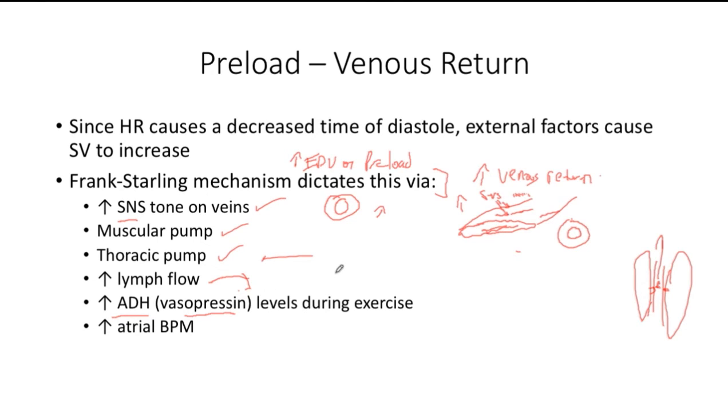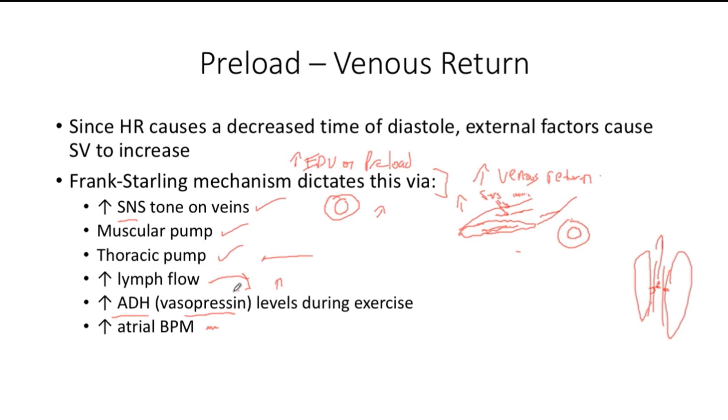Because when we exercise, we sweat, we lose fluids, and remember, blood pressure is volume dependent. The more we sweat, the more water volume we lose, the more blood pressure will drop. So this hormone stimulates the kidneys to retain water, keeping our volume levels up. More volume equals more return. All right. And then if the atria are beating more during heartbeats, that's more blood getting into the ventricles, causing them to stretch more, and they contract harder.